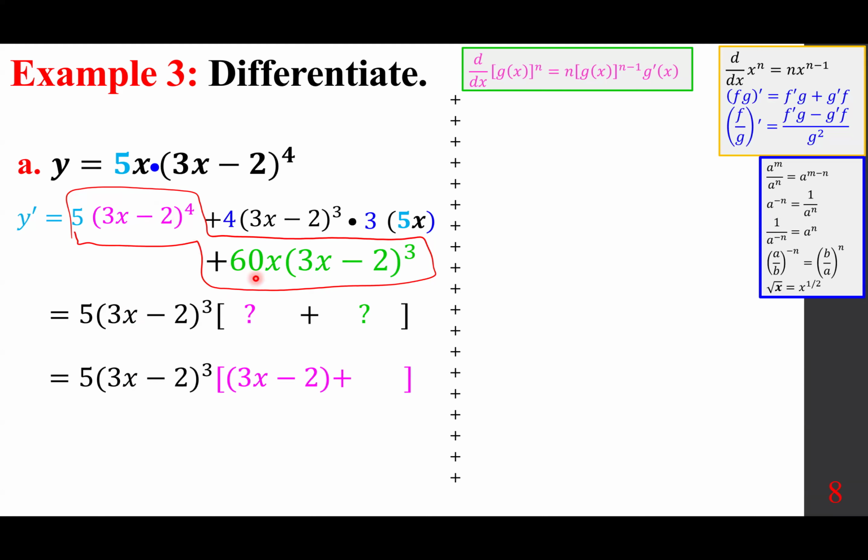What about this one? If you divide by it, everything goes away except 60x divided by 5 gives you 12x because 3x minus 2 cubed goes away completely, right? Divide this one by 5, you get 12x. As you can see, 12 and 3, they add up to 15. Therefore, you have 15x. This is the final answer, everybody.